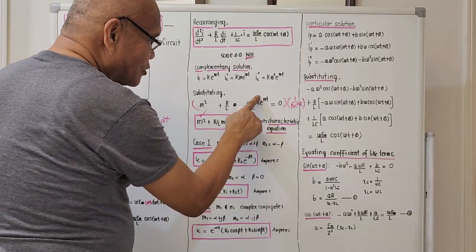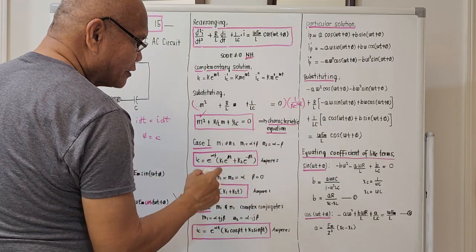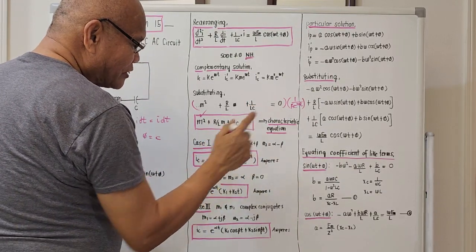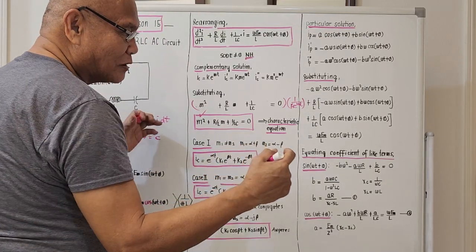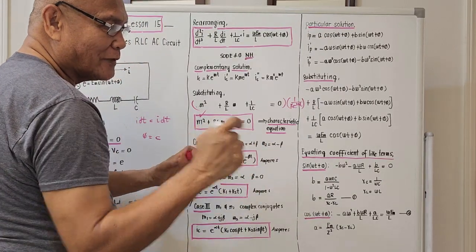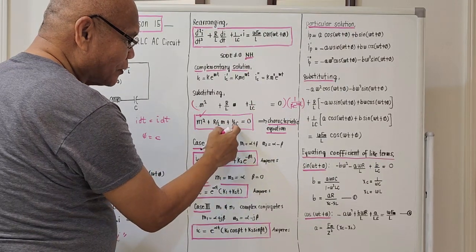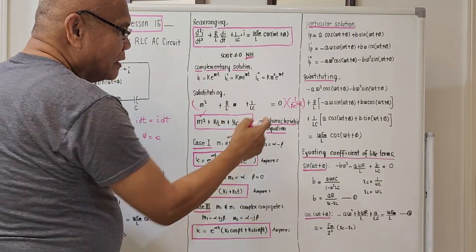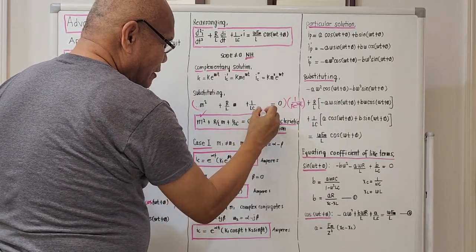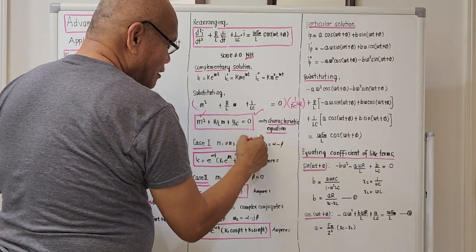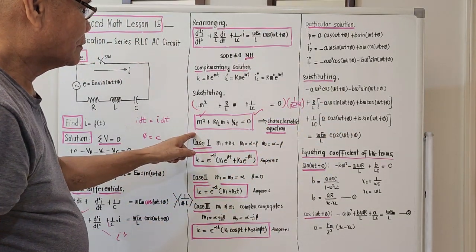Third part, this will totally disappear. What remains will be a pure constant, 1 over LC. Pure constant because the inductance and the capacitance, if we multiply two constants, it will be constant, and 1 over a constant will still be constant. So this is actually a pure constant, equal to 0 times 1 over k e raised to mt will still be 0. So we are now given the characteristic equation, and unluckily, it's a quadratic equation.